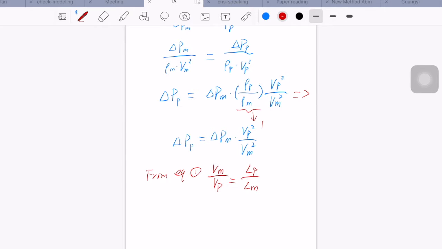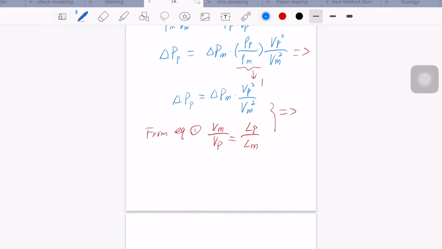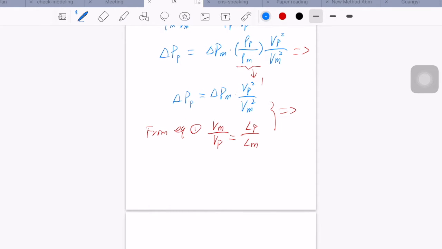So we get that ΔPP should be equal to ΔPM times (LM over LP) squared.